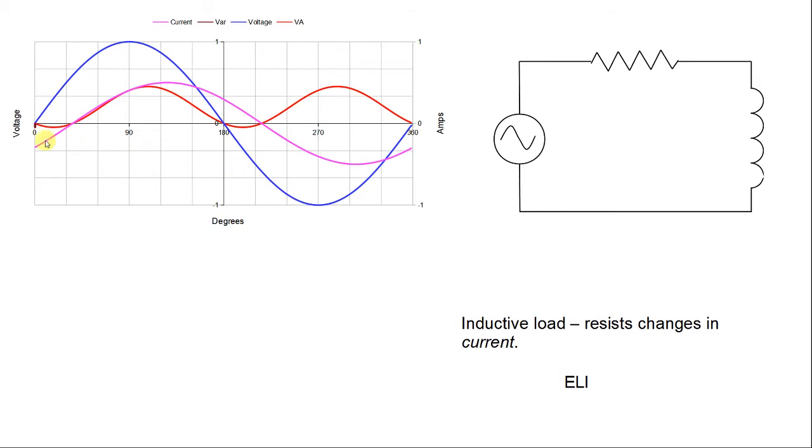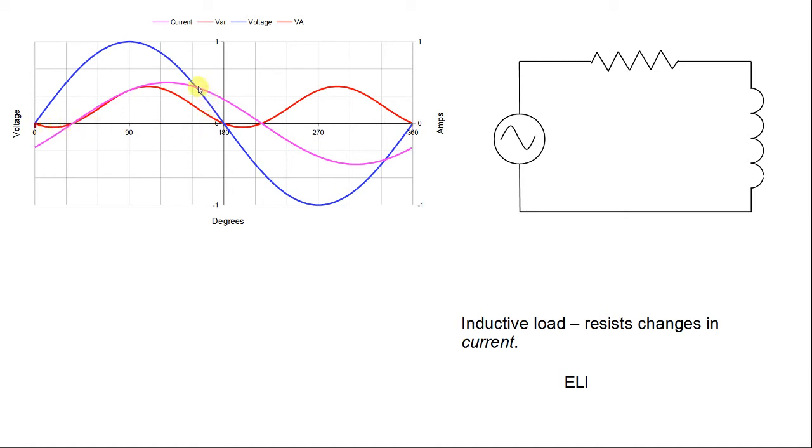We have a positive voltage up here to 36 degrees, but we have a negative current up to 36 degrees. So my voltamperes for that first 36 degrees is negative, and that is undesirable.